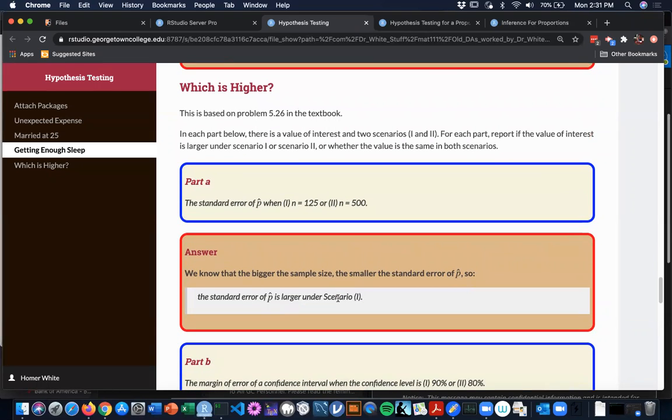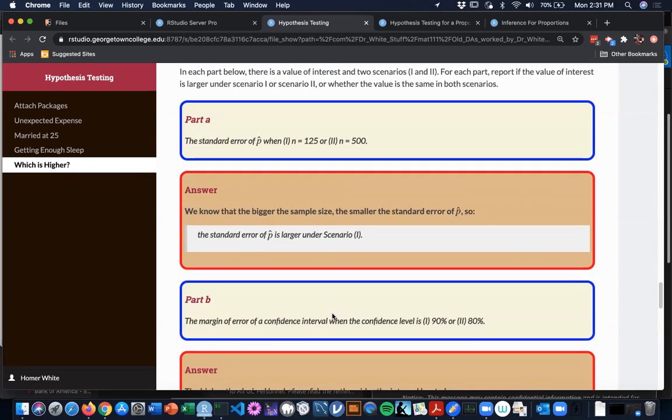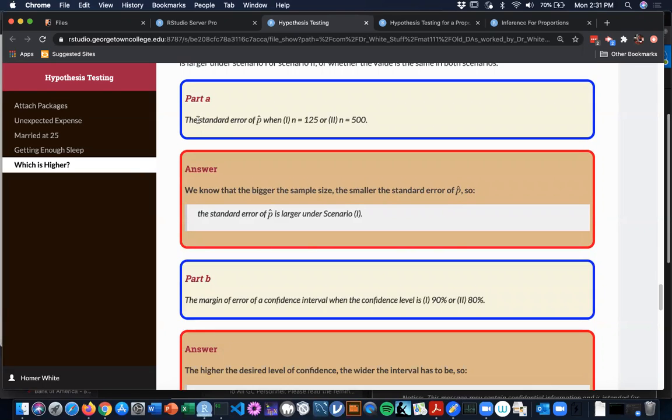So that's all 4 steps of hypothesis testing. We're going to be repeating those steps ad nauseum for the whole rest of the semester, the whole next 2 weeks. So the last thing is just 5 little questions where I give you 2 scenarios, and I ask you which scenario makes a certain quantity bigger. And some of these things are just reviews of previous material.